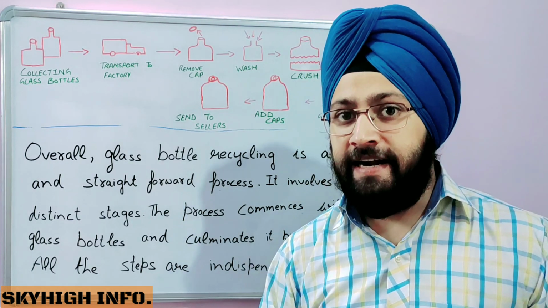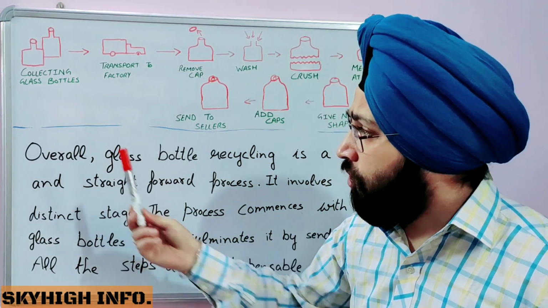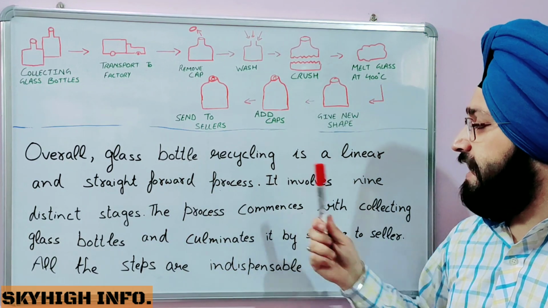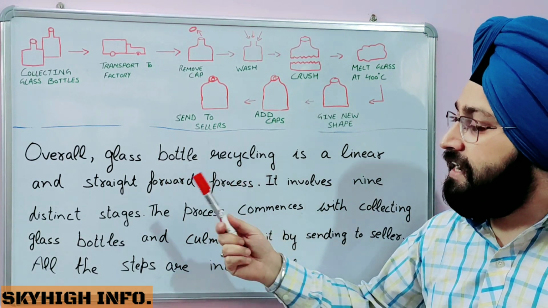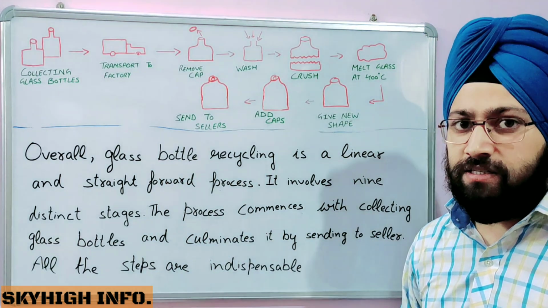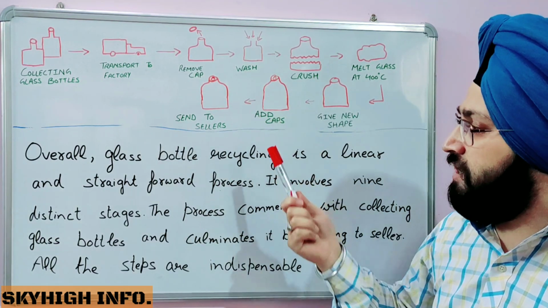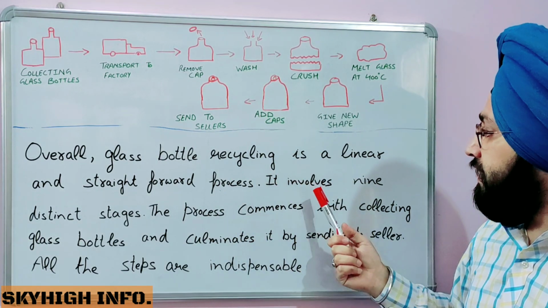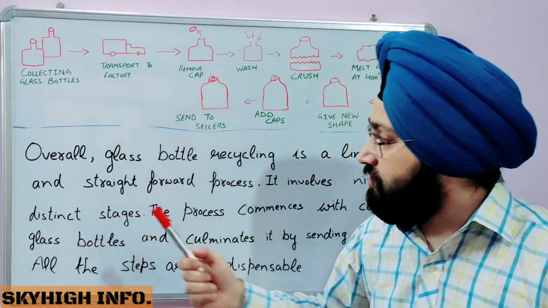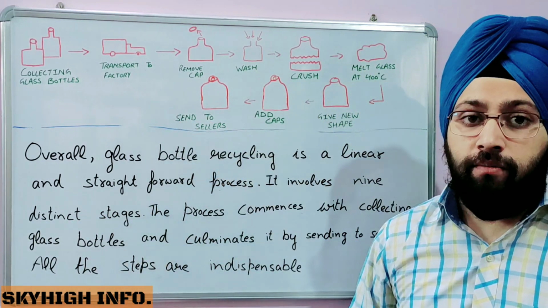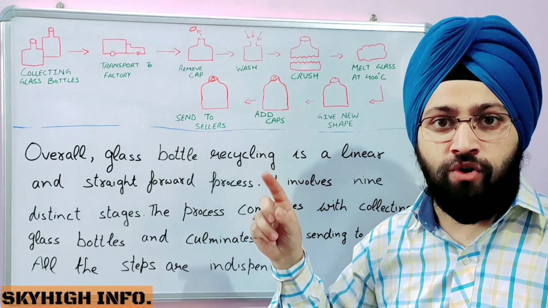So the ending can be, overall, glass bottle recycling is a linear and straightforward process. As it is simple and straightforward, it involves 9 distinct stages. Be sure you count the stages before writing.